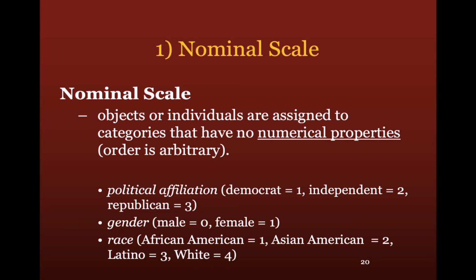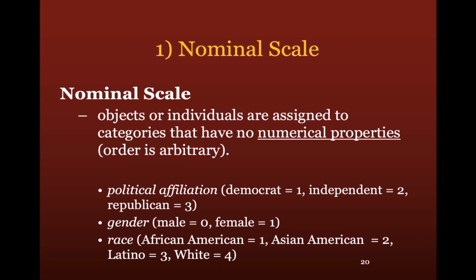categories are arbitrary. Right, so in the example I have here, I have Democrats, and I can assign them a 1, I can assign independents 2, and Republicans 3. The numbers that I assign to these different groups don't really matter. So I could have assigned Democrats 2, independents 3, and Republicans 1, and it would still have made sense.